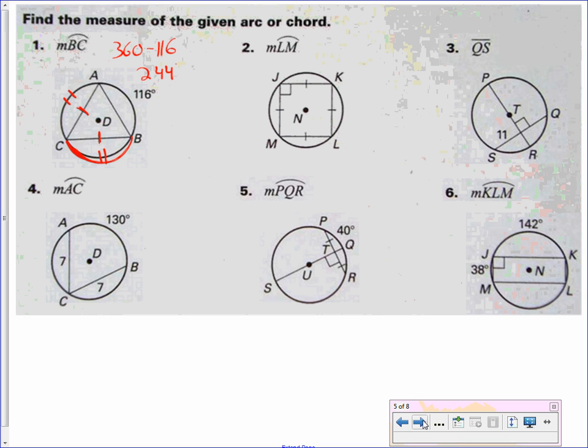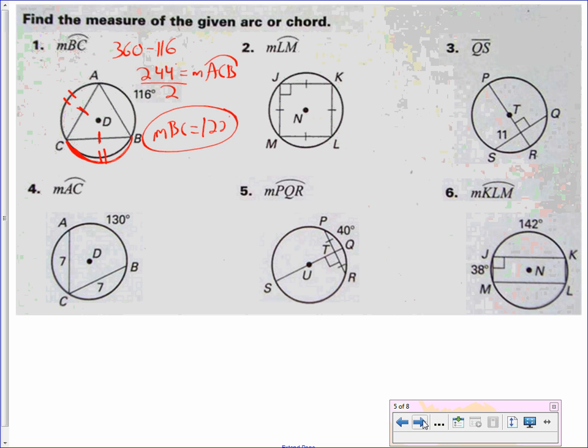If I make a mistake, just roll with it. So this 244 is really the measure of arc ACB, that major arc. But because chord AC and chord BC are equal, arc AC and arc BC are also going to be equal. So we just need to cut that in half. Measure of arc BC will be 122.